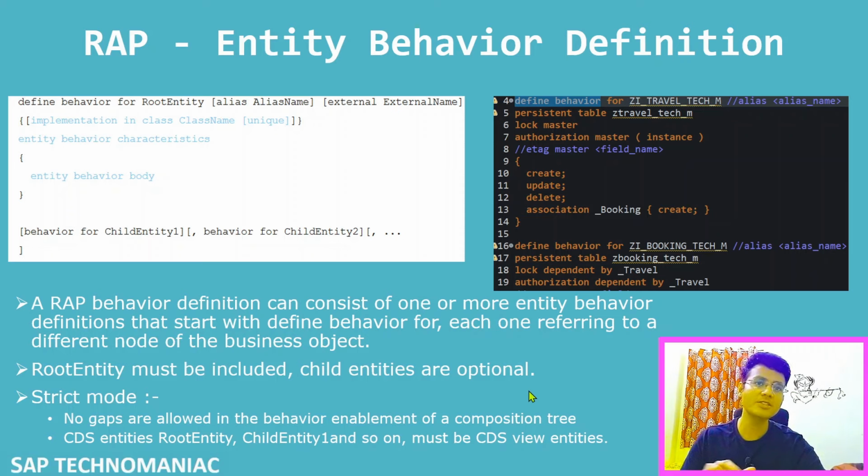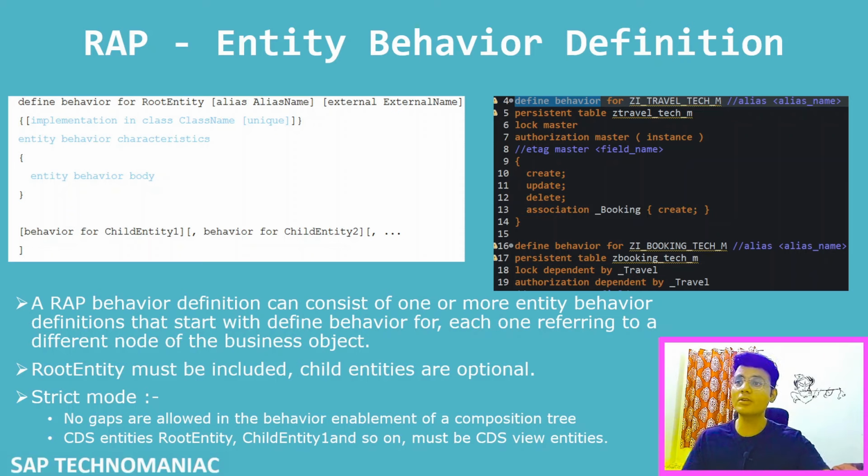Since DDIC based CDS views are already obsolete, which I have explained in the CDS view series, and if you don't know, you can go and watch that in the CDS series, we have to use only CDS entities here. You can't use a DDIC based CDS view in strict mode. In upcoming videos we will also see a lot of things about the use of strict mode, and the impact of strict mode as we go further in the applications.